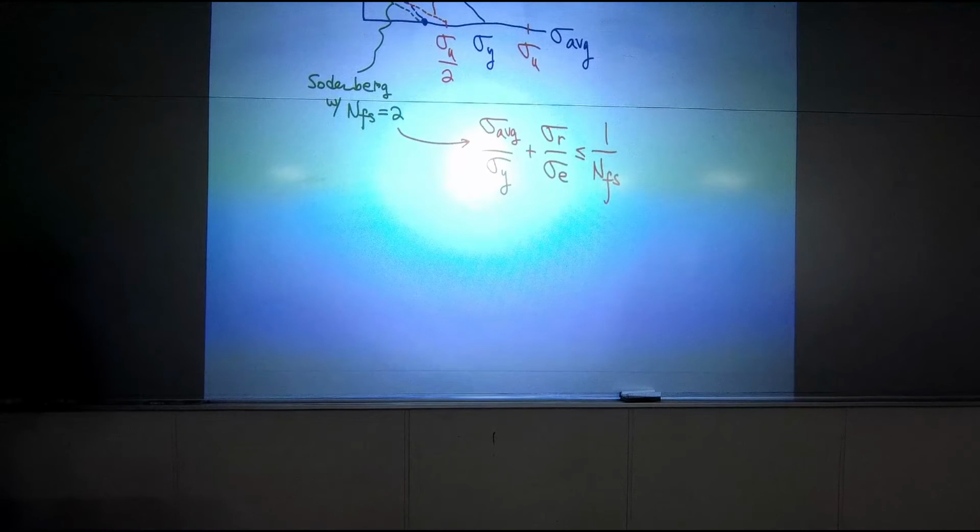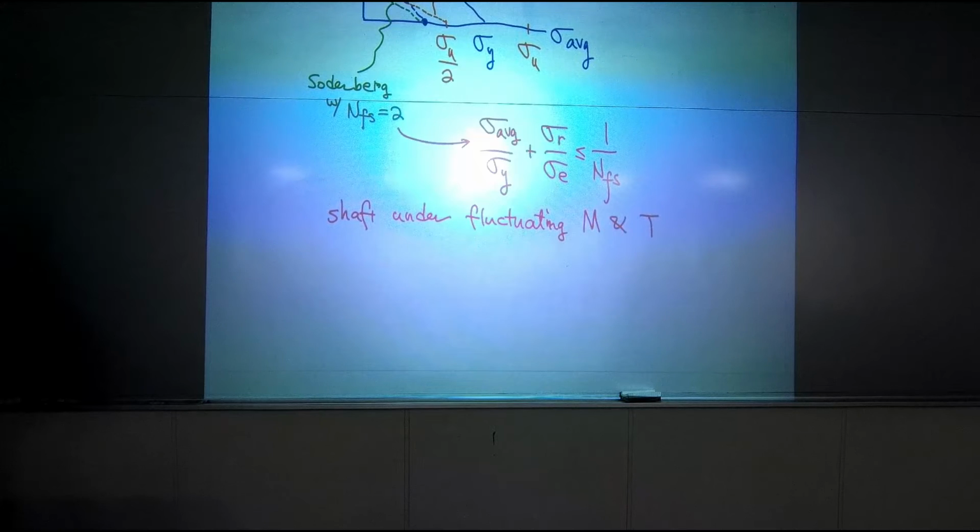Remember, let's say it's a shaft under fluctuating bending moment and torque. So in this case, we may have average bending moment plus and minus range bending moment. For torque, average torque and range torque.